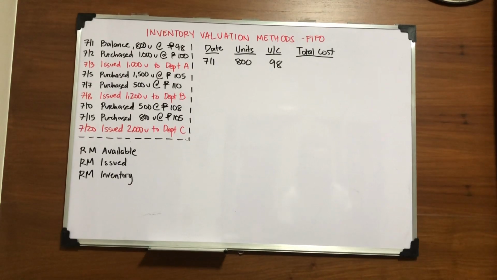Okay, so let's solve. So for your July 1, you have an opening balance of 800 units at 98 pesos. So what we have to do here is multiply the 800 units opening balance times the unit cost of 98, and you will get 78,400.